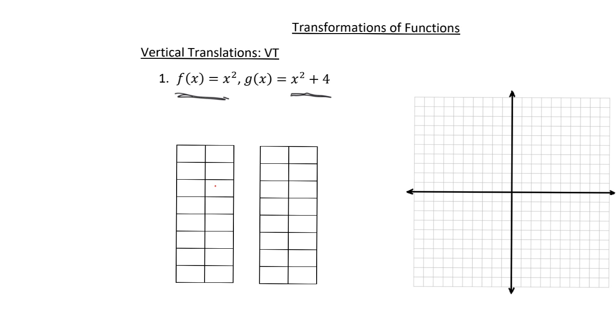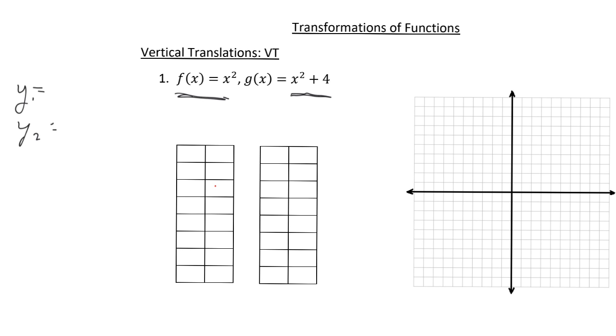So on the graphing calculator, if you use the y equals, you could have y1 equals x squared, and then y2 equals the second function, and that way you can see them on a graphing calculator in relation to each other.